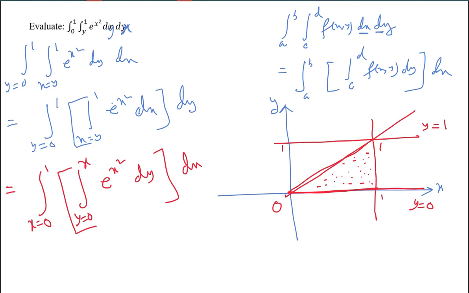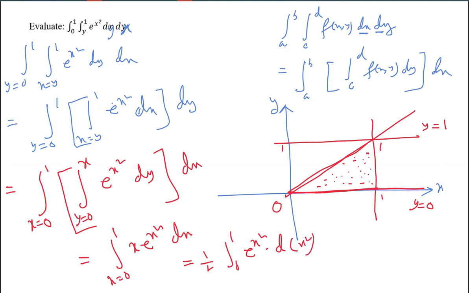So the integration will be, x is equal to 0 to 1, then the integration will be y into e to the power x square, that will be x into e to the power x square dx. Now this integration will be easy. 1 by 2, you can write 0 to 1 e to the power x square into d of x square.